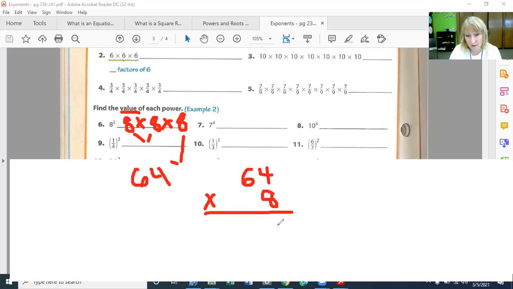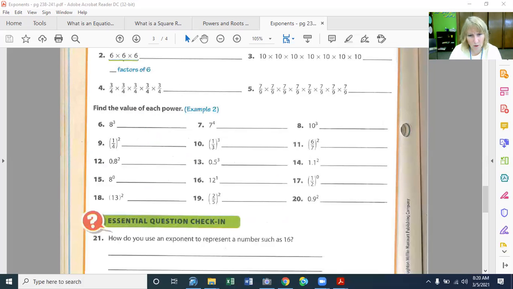So 4 times 8 is 32. So I put down the 2 and I carry the 3. 6 times 8 is 48 plus 3, 49, 50, 51. So altogether, that equals 512. So the answer to 6 is 512.